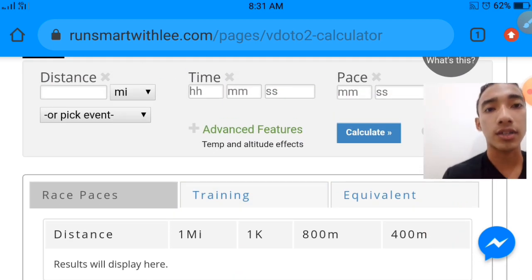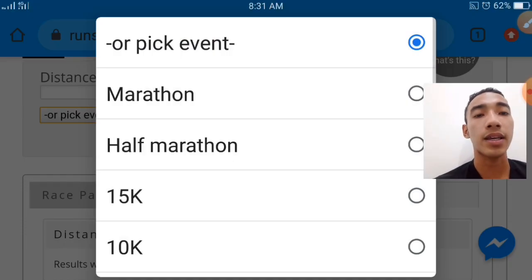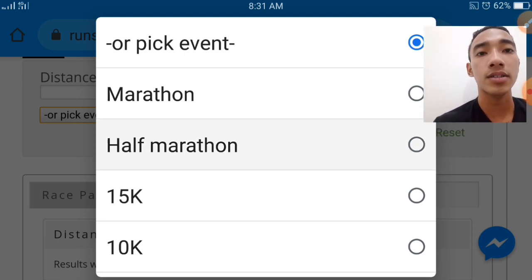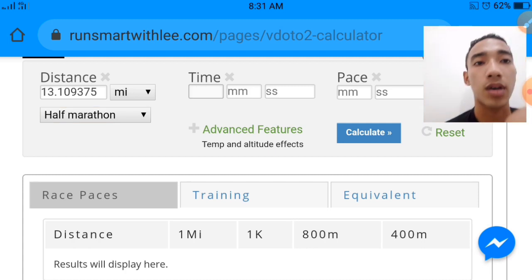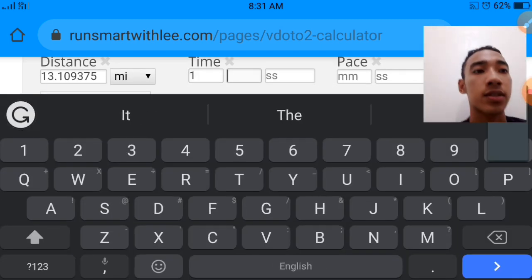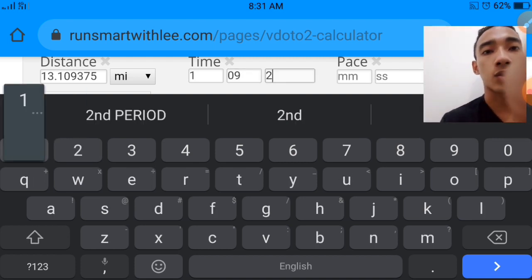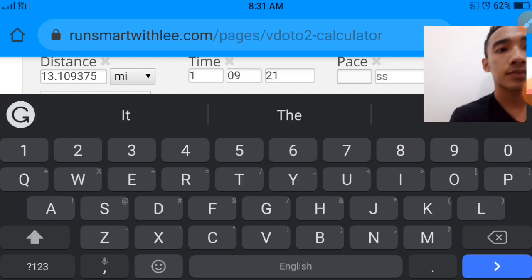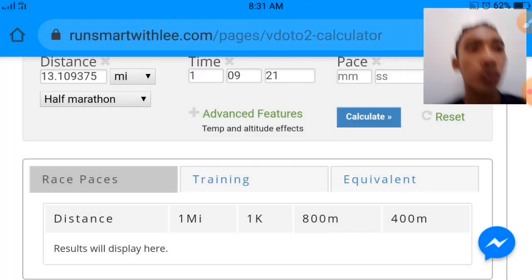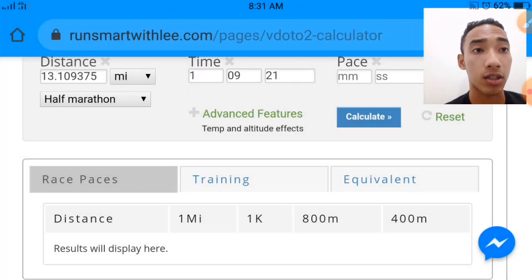In my case, I have my recent half marathon race. Let's click that one and enter my time. That is my personal best, 9:21 seconds. Let's choose kilometer, and as we go, we click the calculate button.